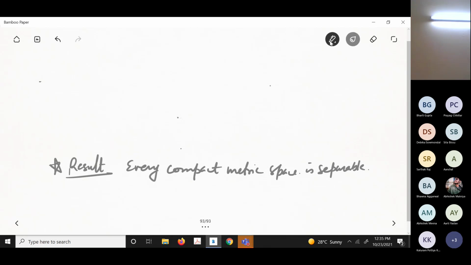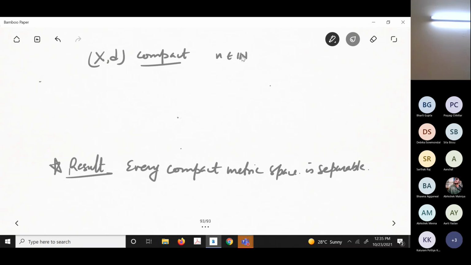I'll have to produce it, so take (X, d) compact. Now choose n belongs to N. I'm giving the direct proof of the corollary.